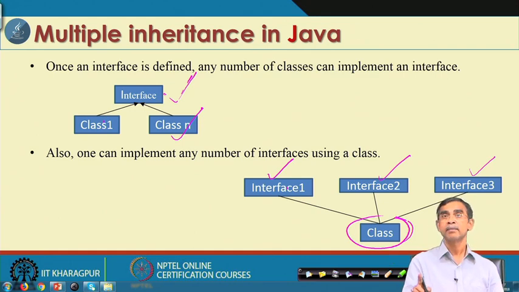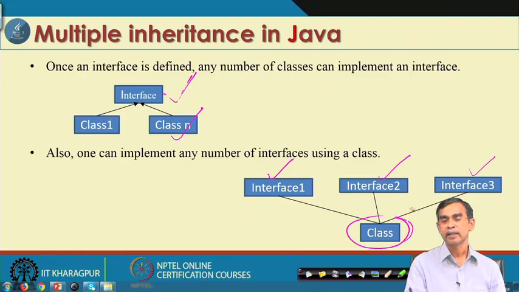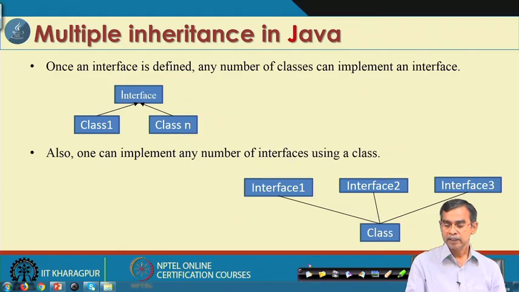In Java this works in such a way that if it is an interface you can do it, but if it is an abstract class or any class, you cannot do that. We will discuss more about multiple inheritance in Java using interfaces in due time.